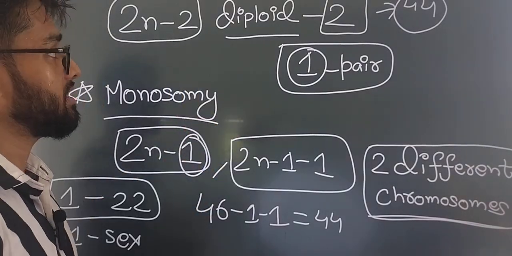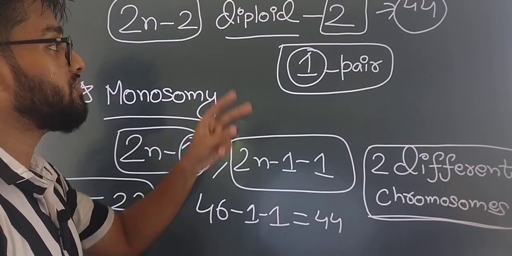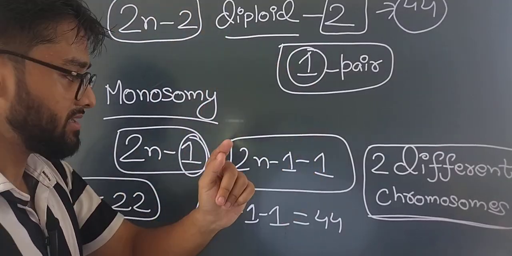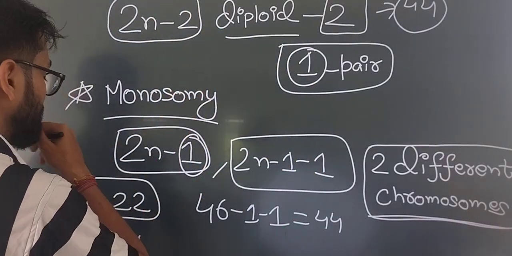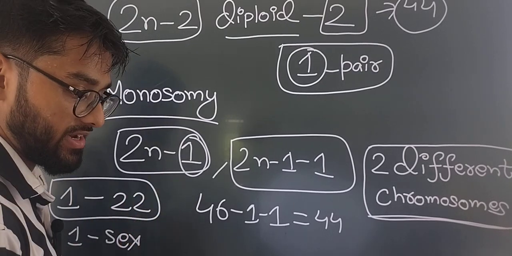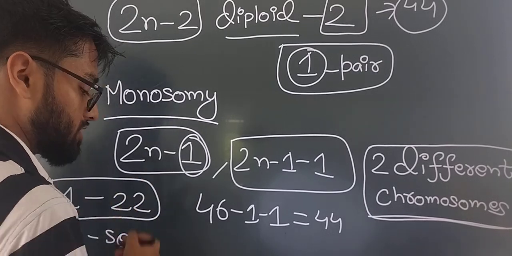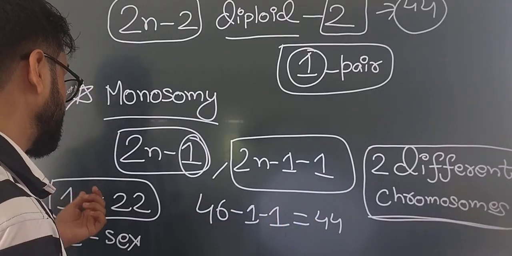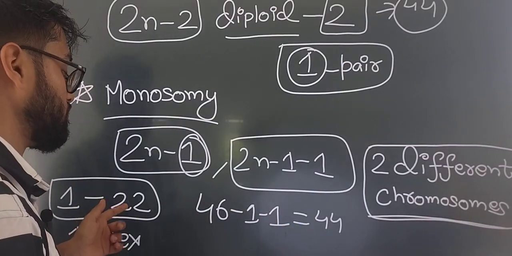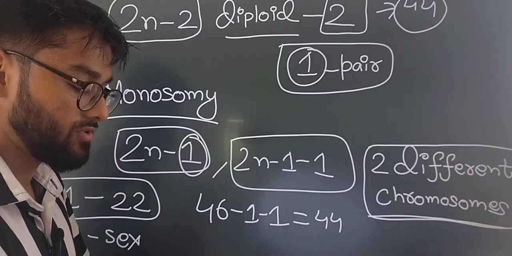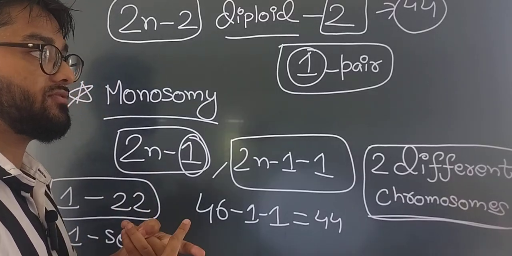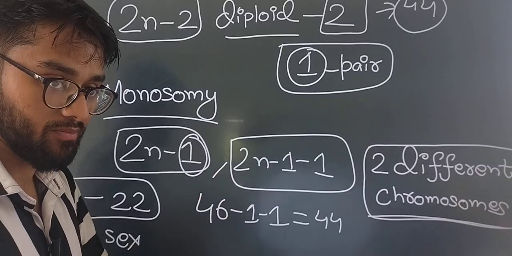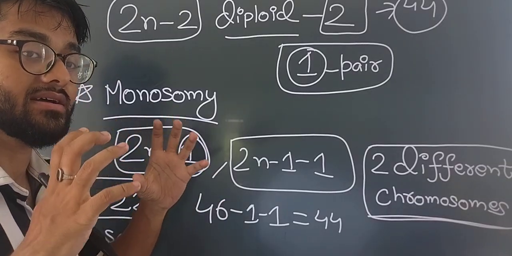In a nullisomy, you remove the entire chromosome pair, either number 22 or number 1 or 2 or 3, or any of them. But in monosomy, you simply remove the 1 chromosome instead of the entire pair.